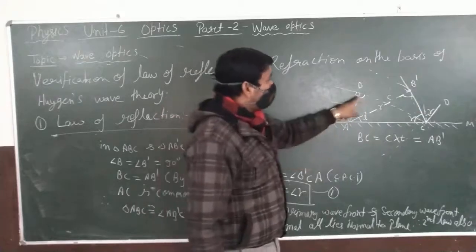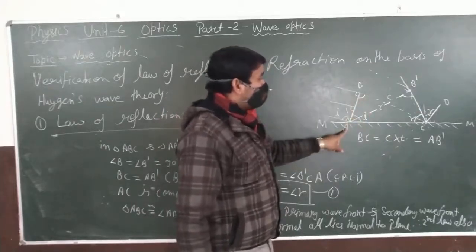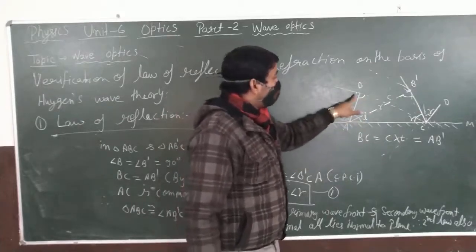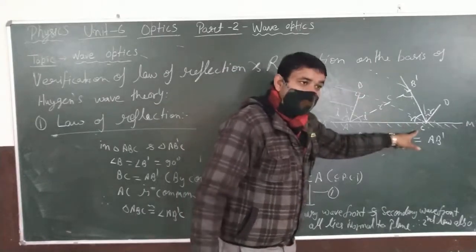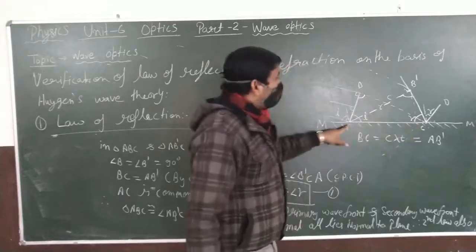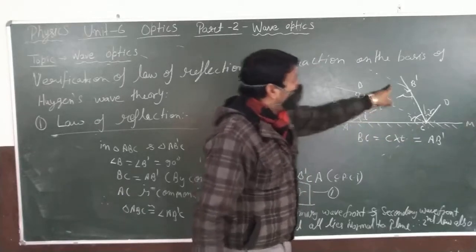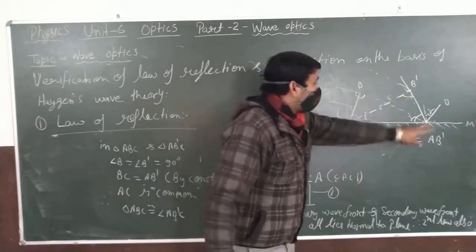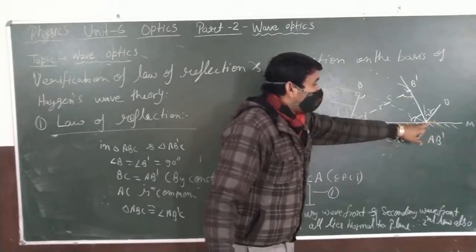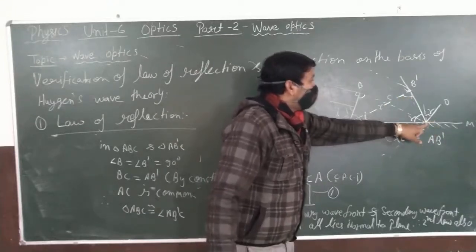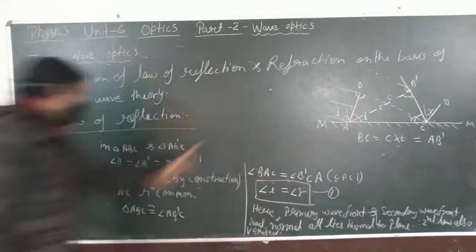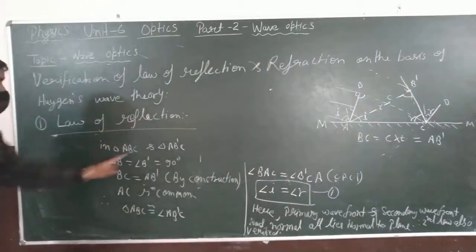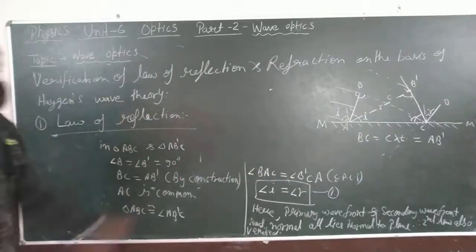Therefore, taking A as center and radius equal to BC, draw an arc which is touched by the ray produced from C at B'. Now from the figure in the two triangles we can solve this.